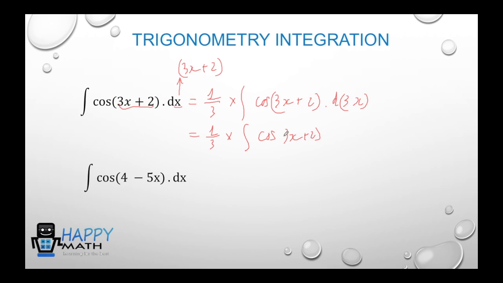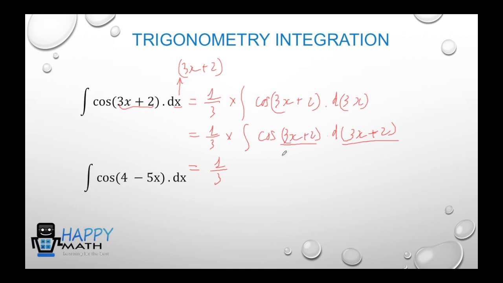So it doesn't matter if you add 3 or add 2 in this position. And now you can see that this position equals this position totally. So you can change cos of 3x plus 2 to become the inside of the derivative.